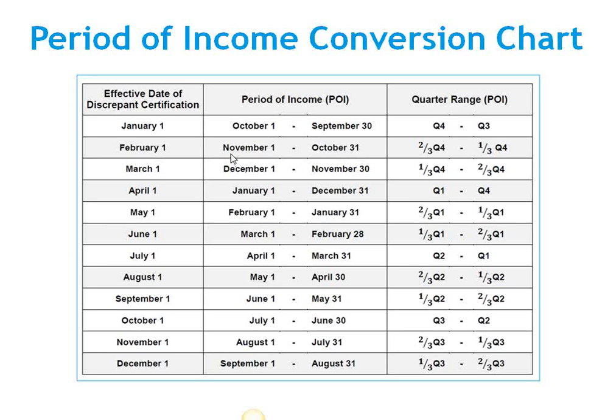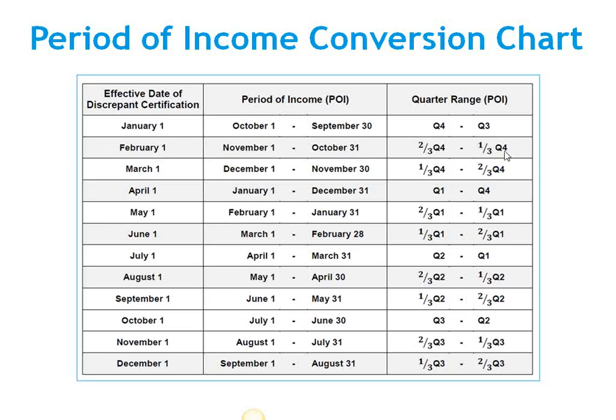November is not the start of a calendar quarter, right? It is the second of 3 months of quarter 4. All of quarter 1, all of quarter 2, all of quarter 3, and then only the first of 3 months of quarter 4.